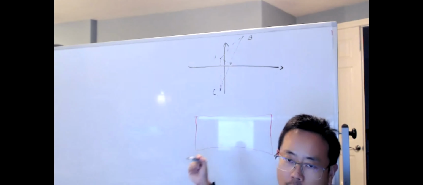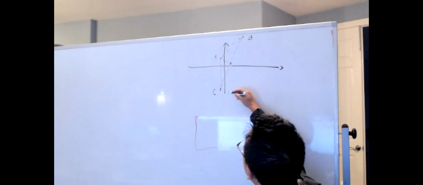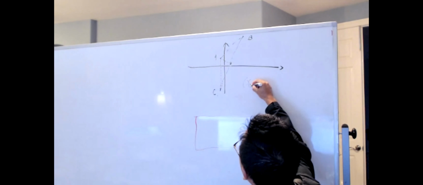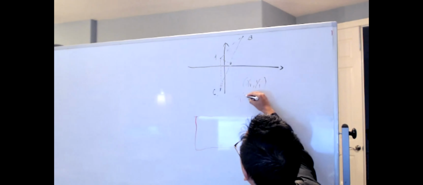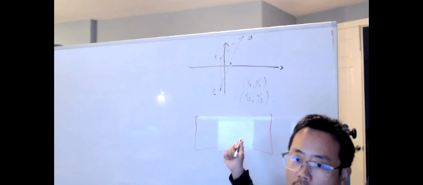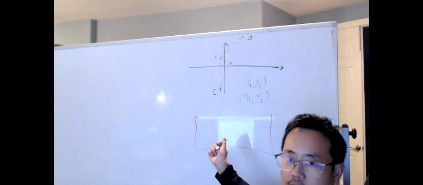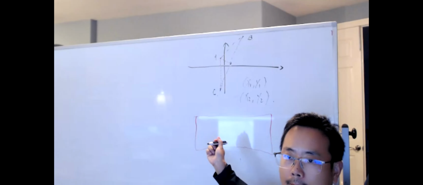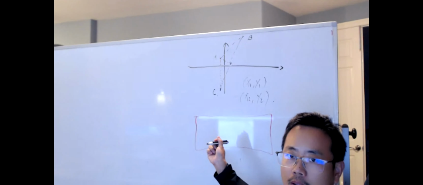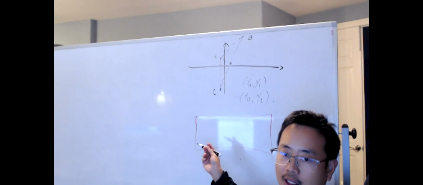How do you get the midpoint of 2 points? If I have 2 points, x1, y1 and x2, y2, what's the midpoint? Dylan? Is it an average? Yes, it's the average of the x and the average of y.